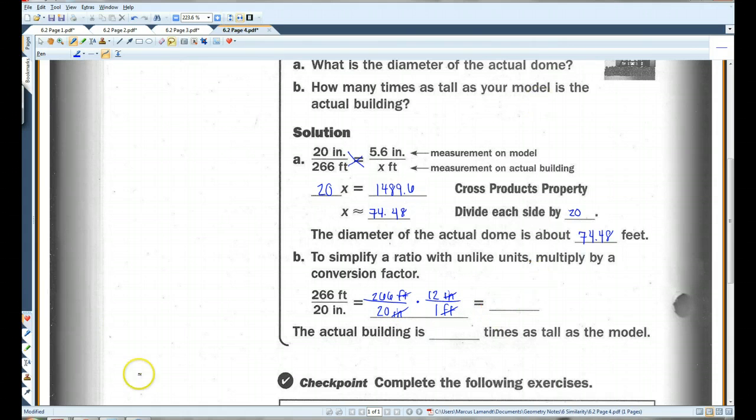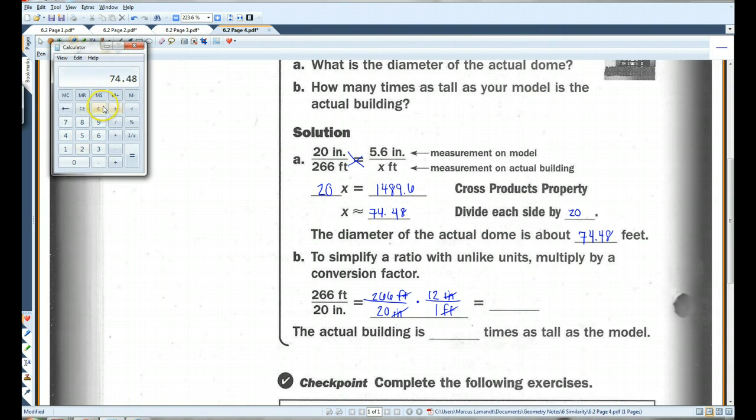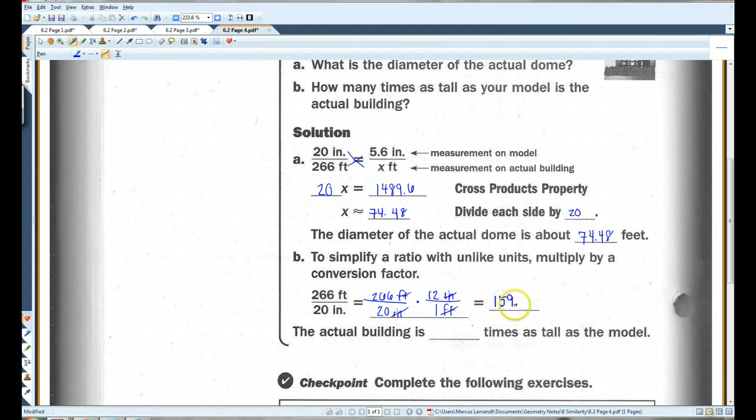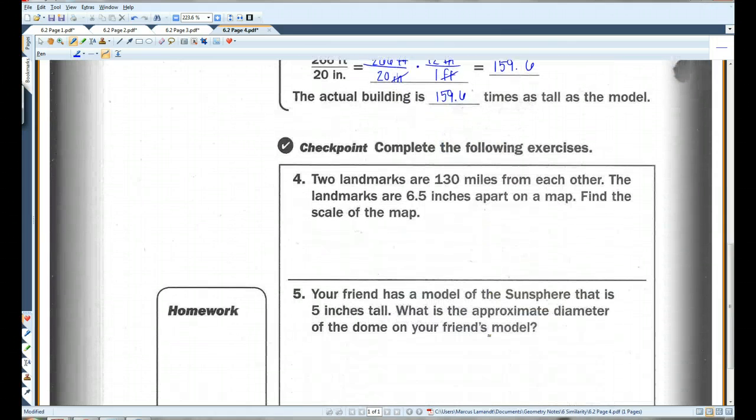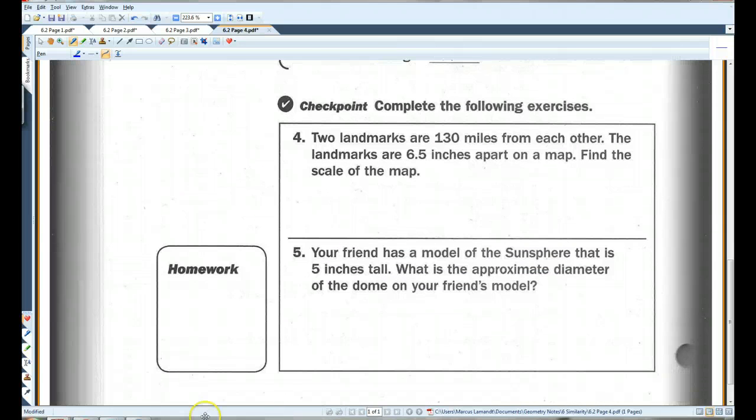Okay, 266 times 12. It's going to give me 3192 divided by 20. 159.6. So the actual building is 159.6 times as tall as the model. Alright, I will let you do the checkpoint, and that's all for today.